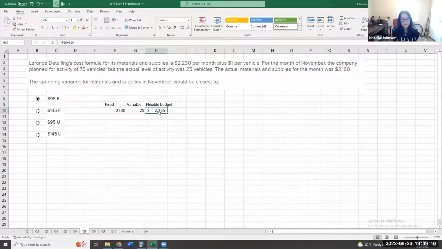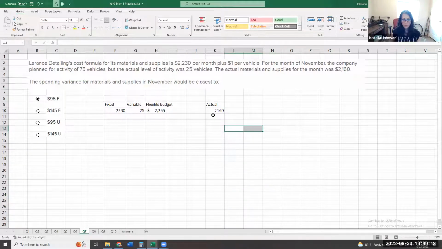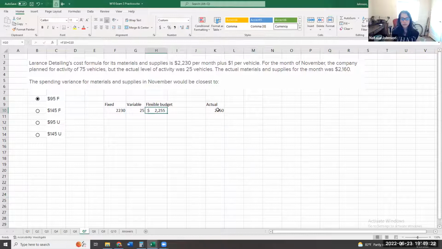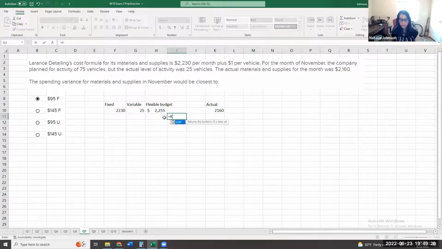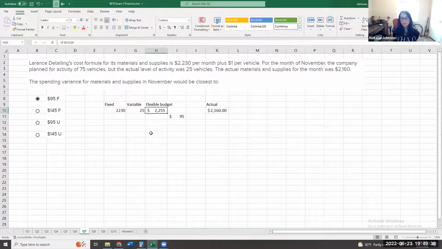Total cost is 2,255. The actual, they say that it was 2,160 right here. So the spending variance is the difference between the flexible and the actual, which is 95. And it's favorable because they spent less than the flexible budget.